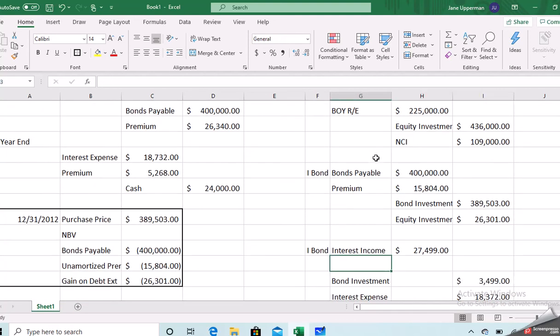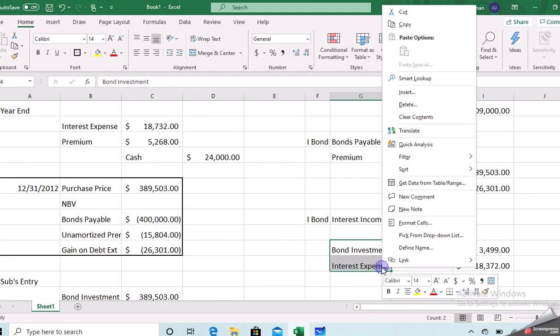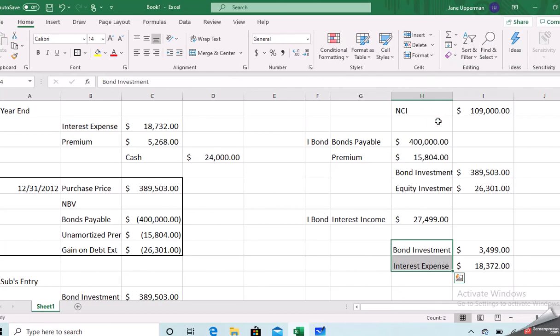So now I'm going to credit that. Oh, whoops. These should be in the credit, so we'll put them over there. And then the same with the premium. The premium's also going to be credited for the 5,268. And then my entry should balance.